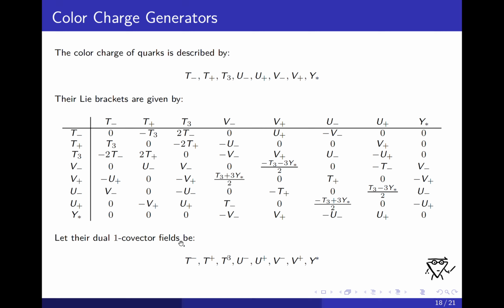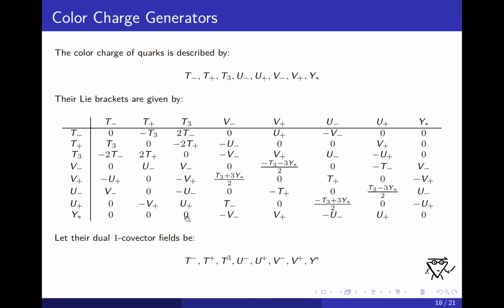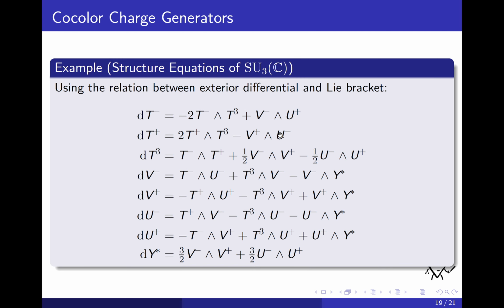And you see that the Lie brackets are indeed very messy, but they are computable. If you use a computer, then you can compute them in seconds. So mimic the same procedure here. You get the structure equations of SU(3).